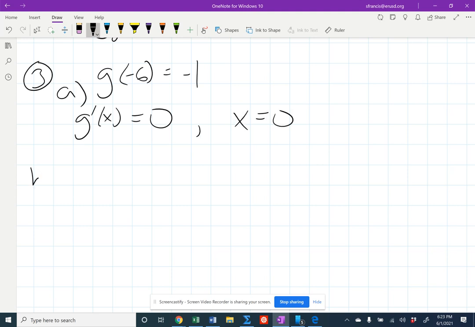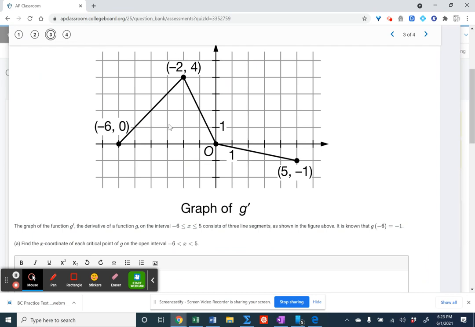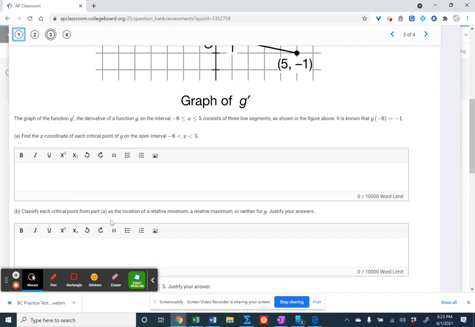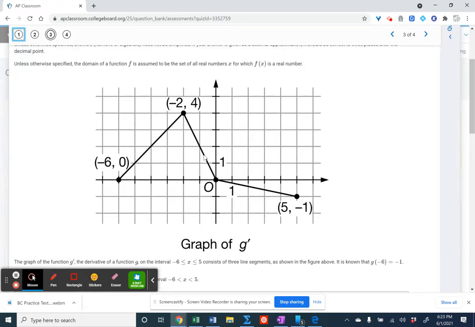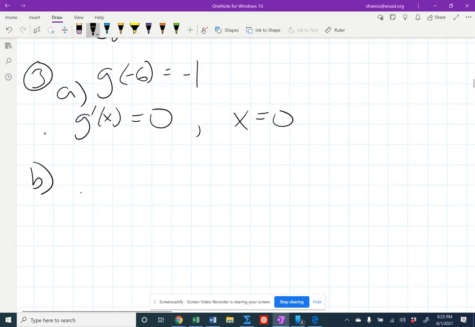That's part A. For part B, classify each of the points from A, and there's only one, as either a relative min, relative max, or neither. So what's happening to g prime around 0? G prime is positive before and negative after, so that means there's a relative maximum at x equals 0.